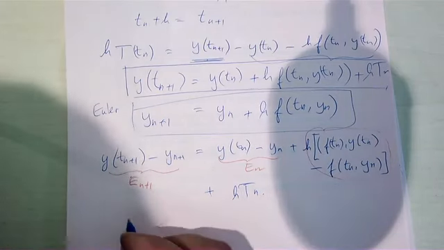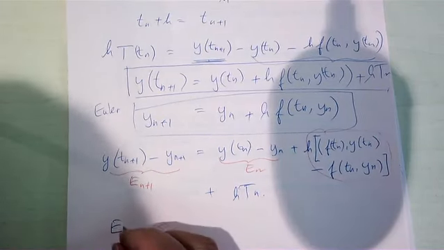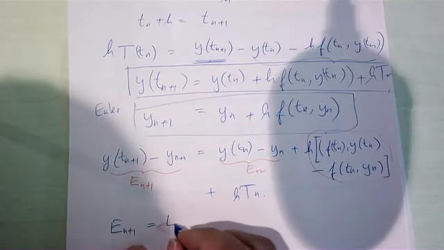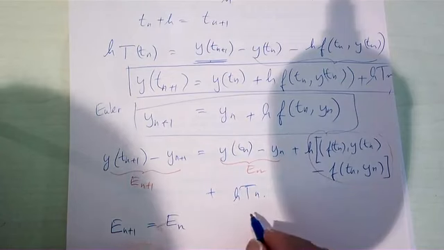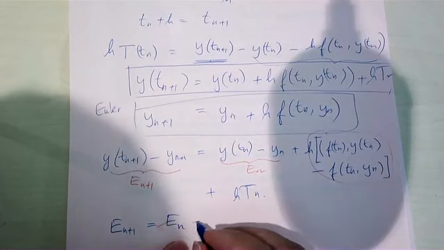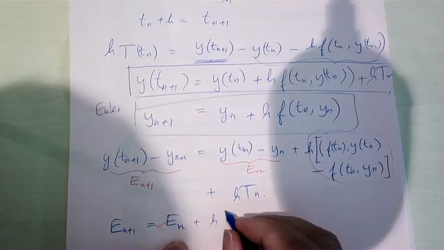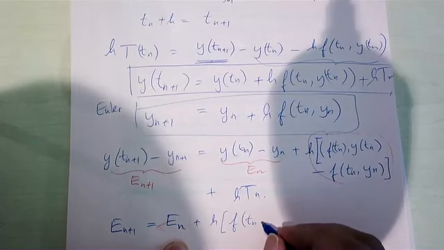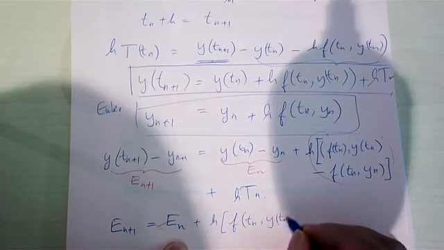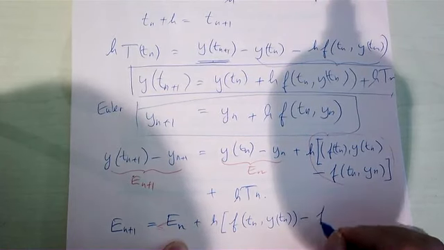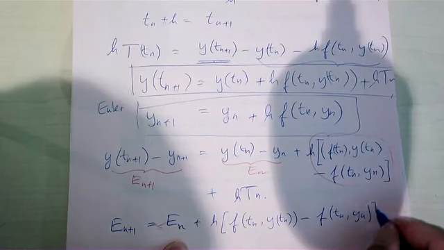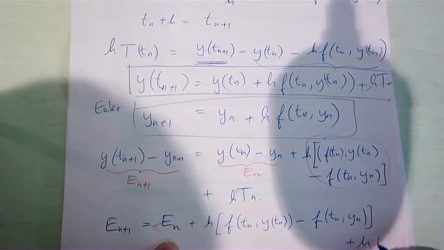So maybe let me rewrite it. Okay, so this one will be e(n+1) equals en, okay, plus h times f(tn, y(tn)) minus f(tn, yn), plus h τn.